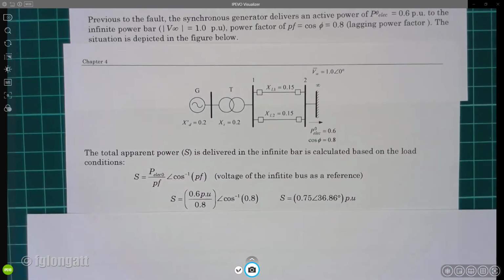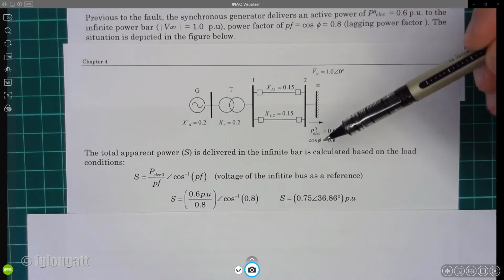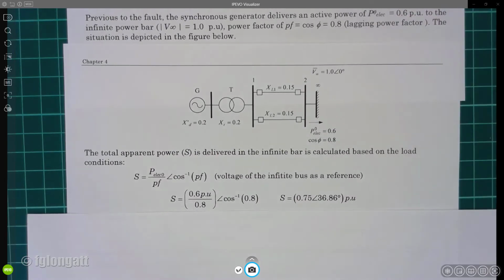This is the impedance diagram, and it's clear that the power factor and the active electrical power are delivered here. As I said, I'm not considering any reactive power for this kind of power system stability. Reactive power is not a concern of transient angle stability. It's active power that is the main concern, okay?